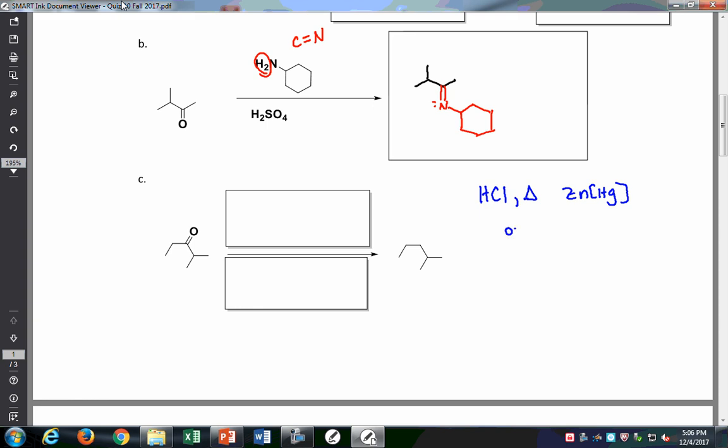Or we can use something similar to our protecting group, but instead it has the thiols in the presence of H2SO4, and then treat that with Raney nickel. That's another route. Or we can react it with hydrazine.